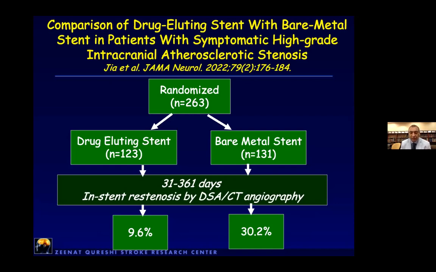So you can see, if you look at the rate of restenosis after stent placement, 9.6% with the drug-eluting stent, 13.2% with the bare metal stent. So significantly better rate when it comes down to preventing restenosis with drug-eluting stent as compared to bare metal stent.